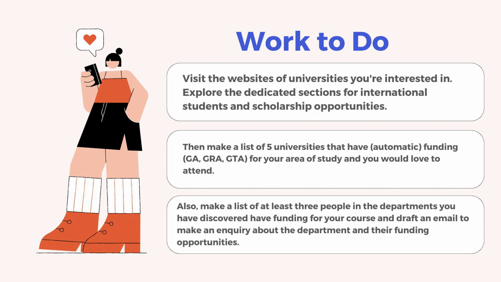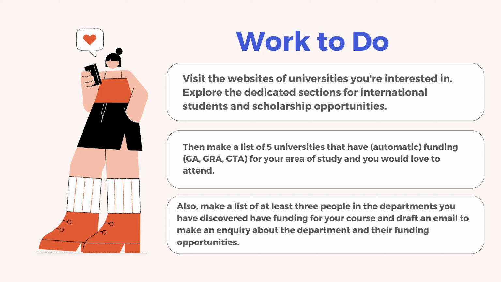Yeah. Let's talk about your work to do for today. Number 1, visit the websites of universities you are interested in. Explore the dedicated sections for international students and scholarship opportunities.